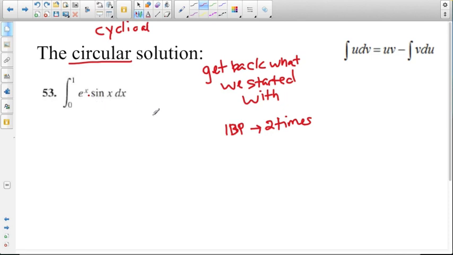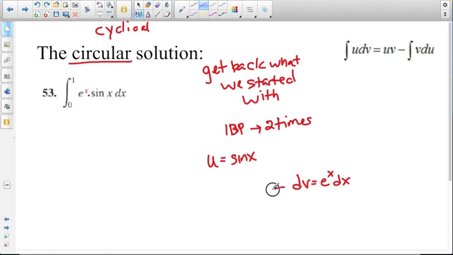to get the proper arrangement of terms back. Since we really can't apply the idea of making one function simpler as we do something to it, it doesn't matter what you assign to what in this situation. So I'm just going to let my u be sine of x, and my dv be e to the x dx.